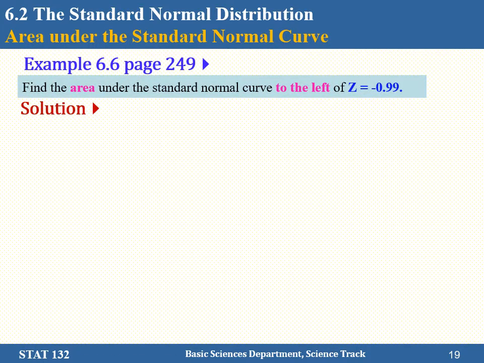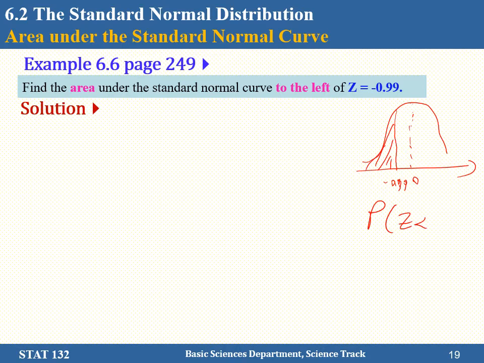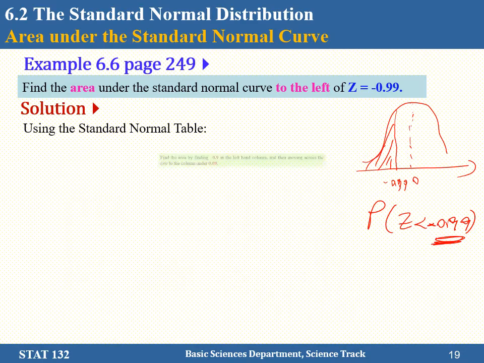Now find the area under the normal curve to the left of z equal to negative 0.99. In this case, it's asking for the left part. The center is always 0. They're asking for the left part of negative 0.99, so it's asking P(Z less than negative 0.99). Since we have a negative number, we will use the negative part of the standard normal table.